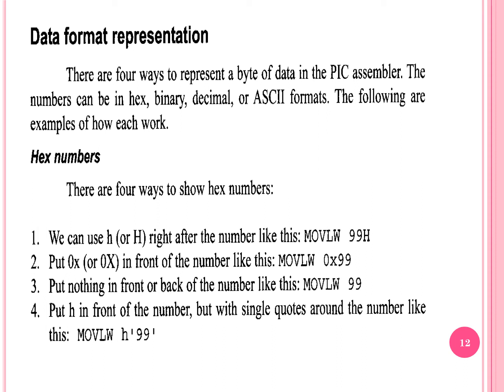Simply write MOVLW 99. It will understand. The fourth is to put h in front of the number with single quotes around the number, like MOVLW h, immediately followed by a single quote, the number, and again a single quote. Like that also you can represent a hexadecimal number.